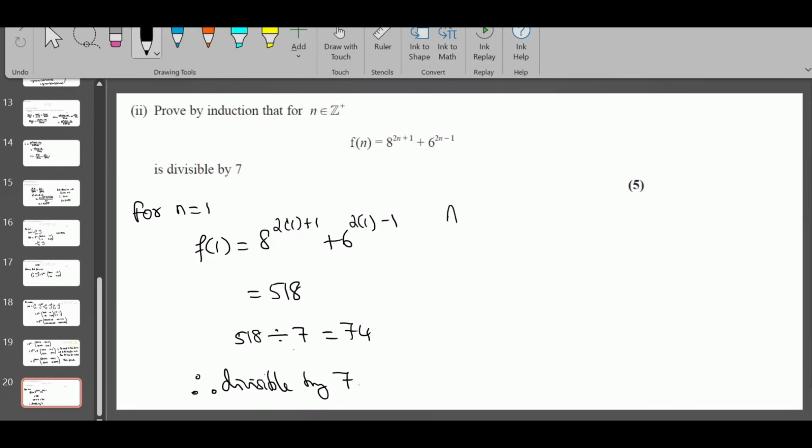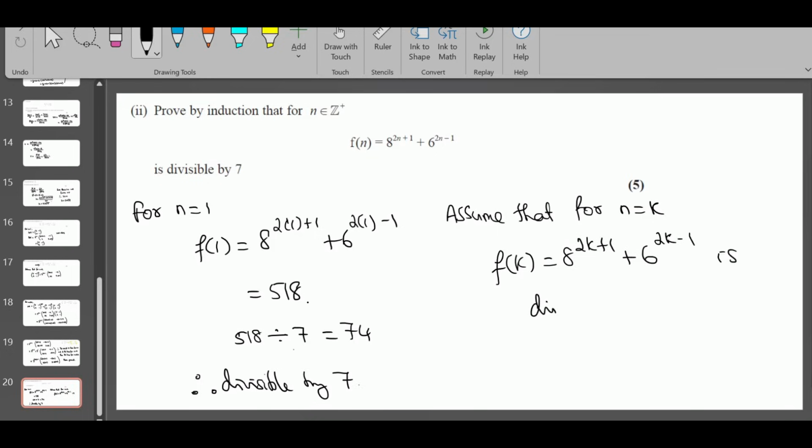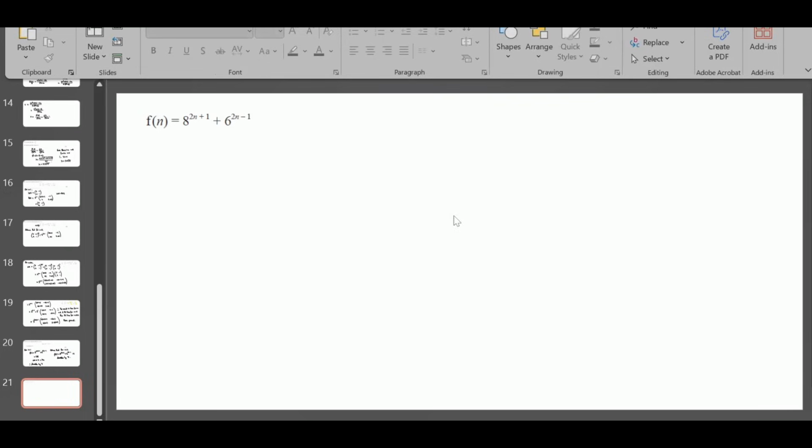Now, second step, we are going to assume that it's true for n is equal to k. Assume that for n is equal to k, f of k is equal to 8 power 2k plus 1, plus 6 power 2k minus 1, is divisible by 7. We are going to assume that it's true for n is equal to k, and we need to prove it for k plus 1 now. So this is a function.